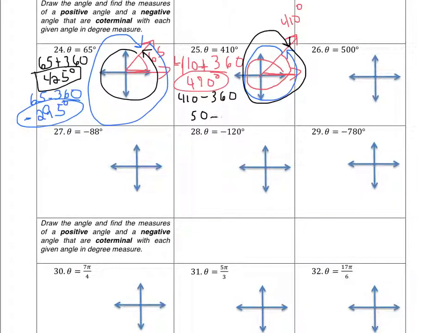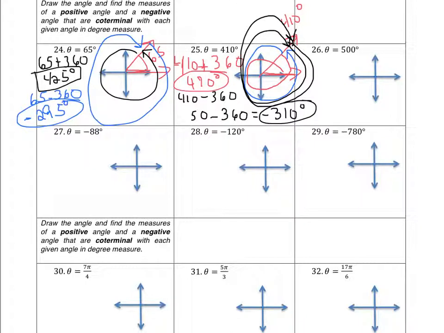So I need to go back around again in the negative direction and subtract 360. So I continue all the way around again to this side. So that means I subtract 360 again, and I actually have a negative 310 degrees as my negative angle. Go ahead and try 26 for homework.